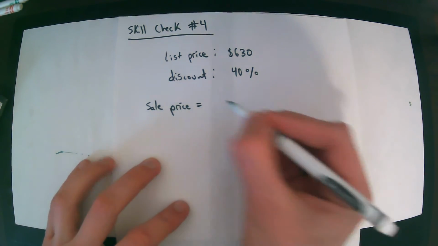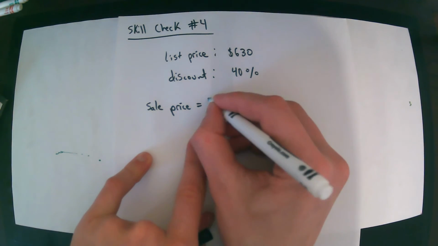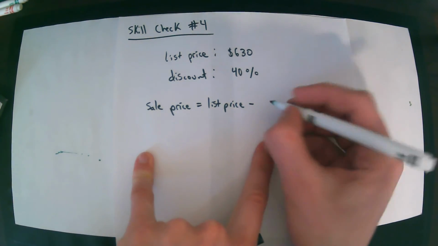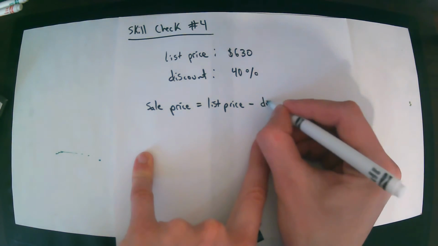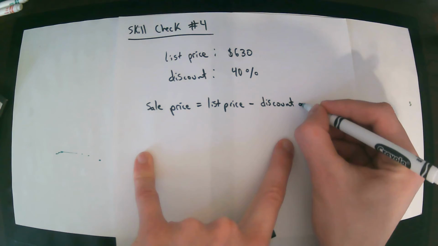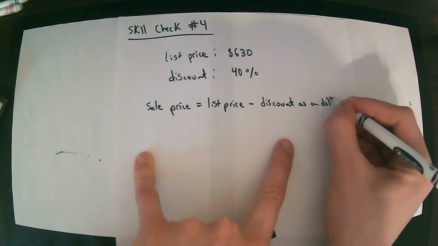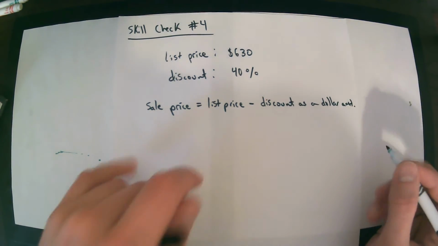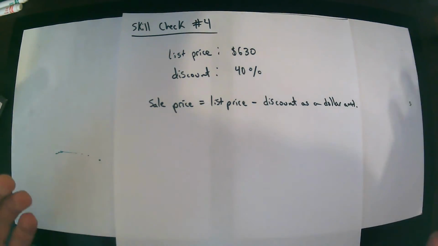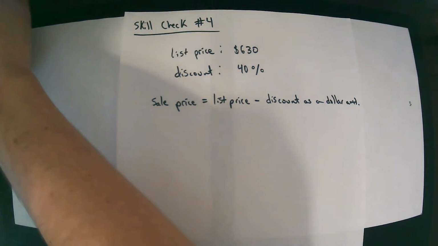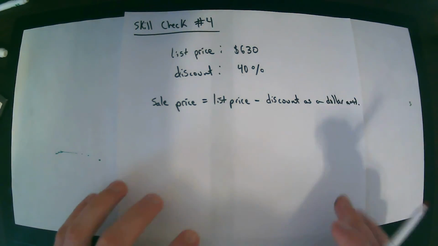But remember, sale price is just going to be equal to list price minus discount as a dollar amount, though. Remember that. Remember, discount as a dollar amount. Not just minus 40, right, or 0.4. It's discount as a dollar amount. So let me go ahead and find what that discount is as a dollar amount.